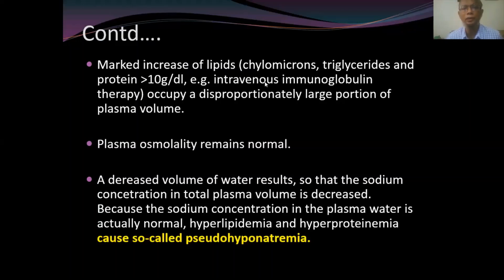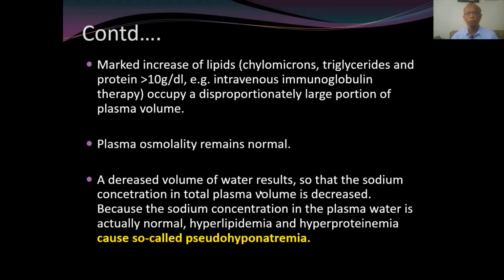We give intravenous immunoglobulin therapy in many conditions, say Guillain-Barré syndrome, myasthenia gravis crisis, and many other conditions. Then there is a marked increase of lipids, but plasma osmolality remains normal.